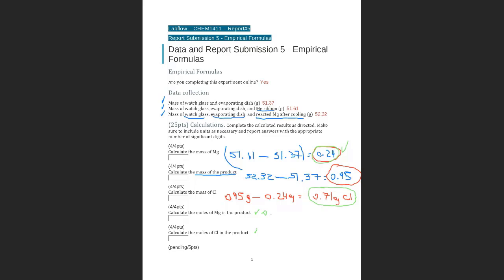Perfect. Let me see. Which number did you get? Okay, how did you get that one? You have 0.24 grams, right?